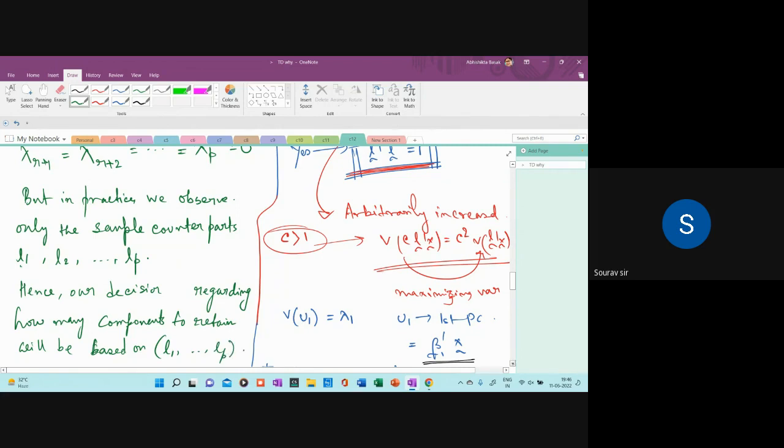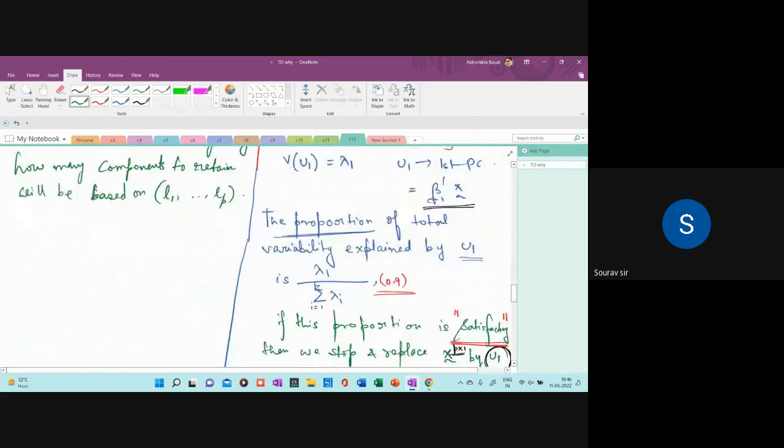Okay, so this is the thing. So we are totally doing this based on this sample counterpart.